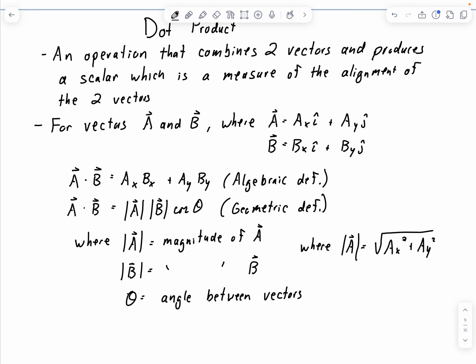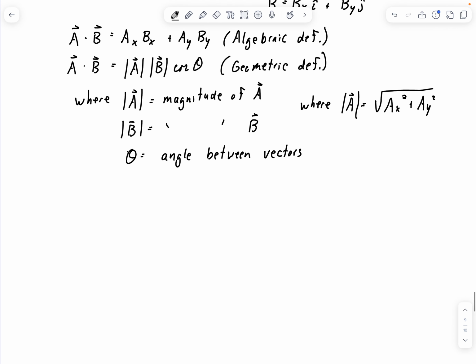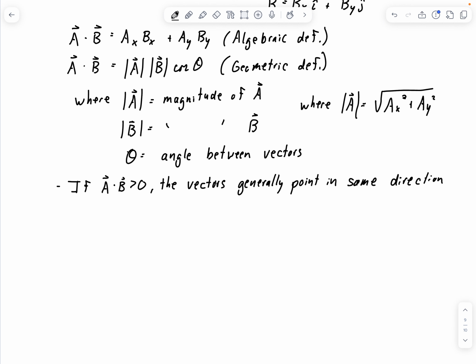So what does this dot product tell us? If A dot B is greater than 0, then that tells us that the vectors generally point in the same direction. And conversely, if A dot B is less than 0, if it's negative, then the vectors generally point in opposite directions.